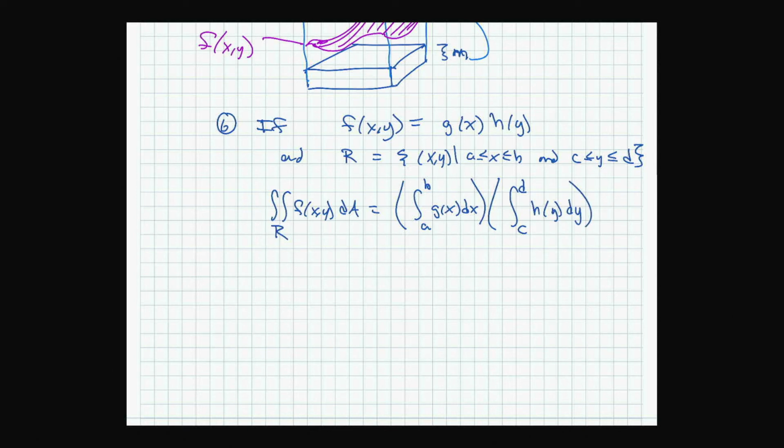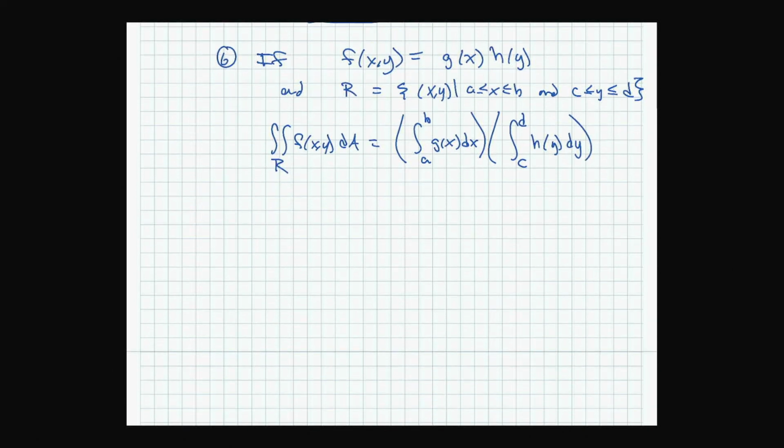Basically, what we're saying is that if part of it just has x's and part of it just has y's, then you're able to split this double integral into single integrals.